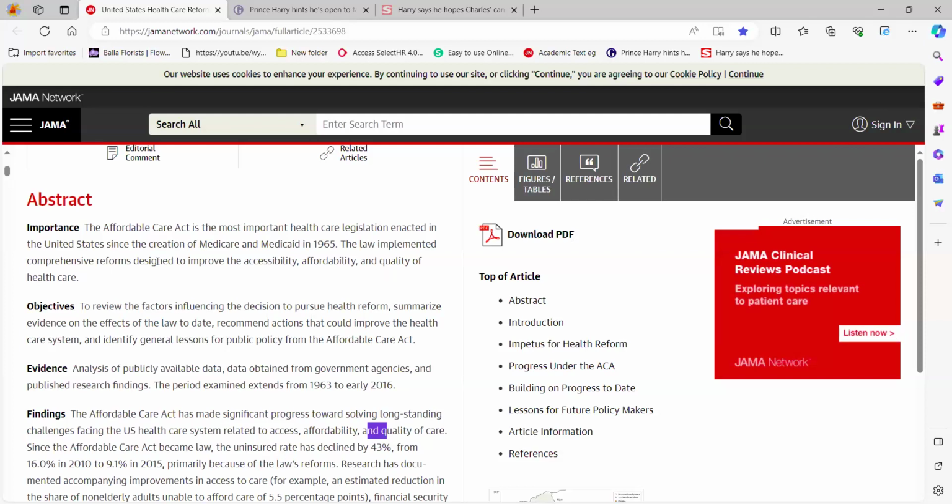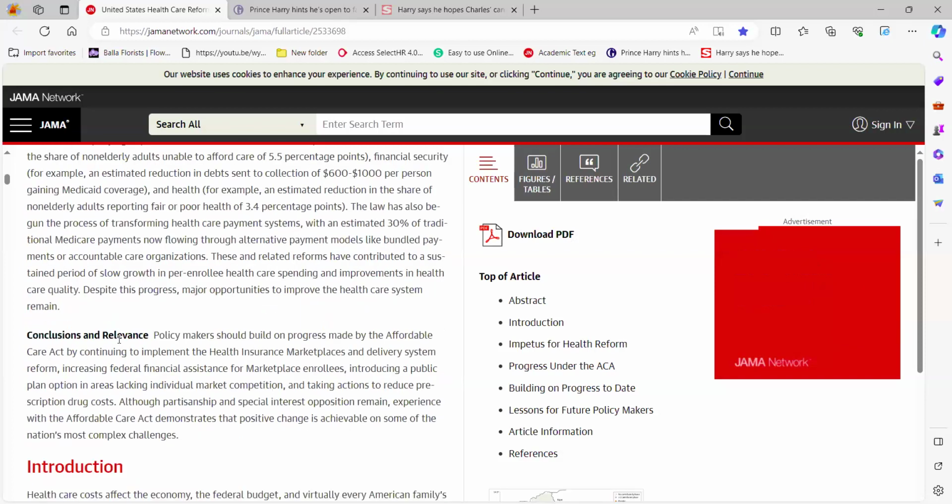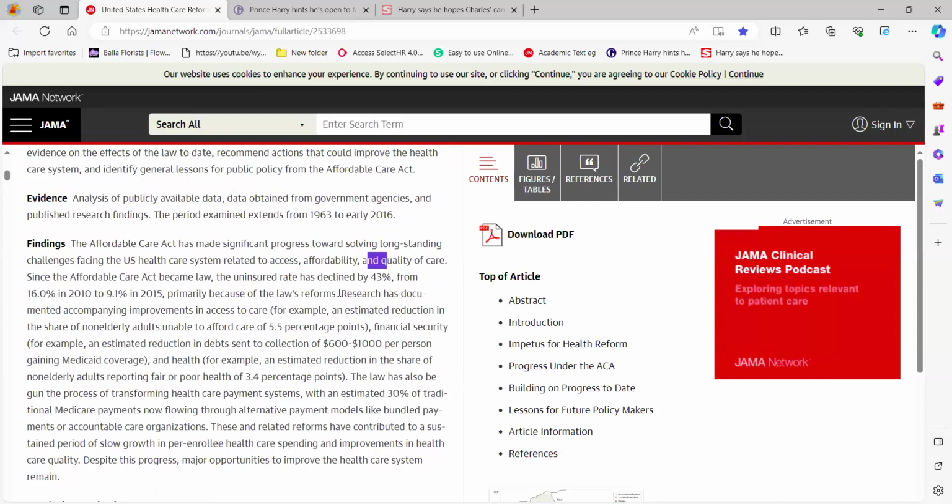So already we can see there the complex sentences. The sentence structure is very formal. The vocabulary used is formal as well. We can move on, and we can see here the numerical data that's included.